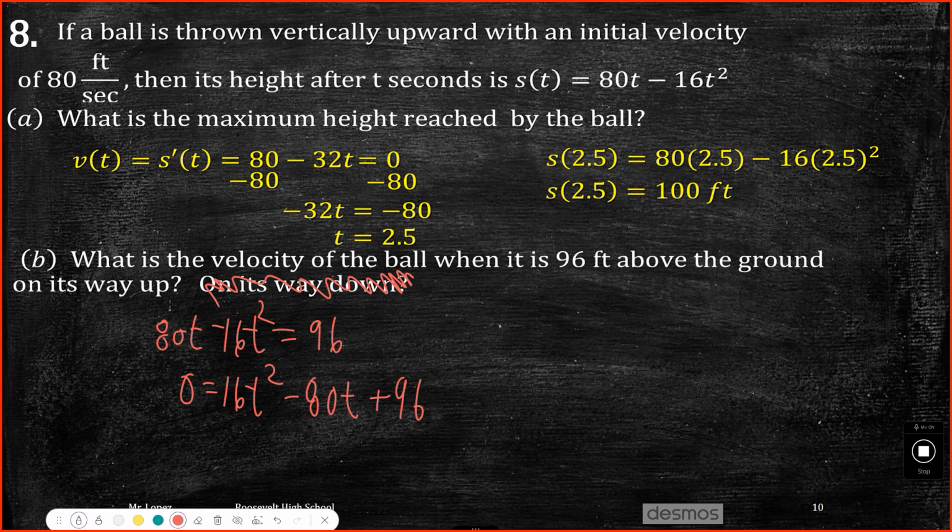So 0 equals 16 divided by 16 works. So t squared minus what? Is that 5? And then plus 6. And then we can just do the factoring here. It'll be t and t will be what?